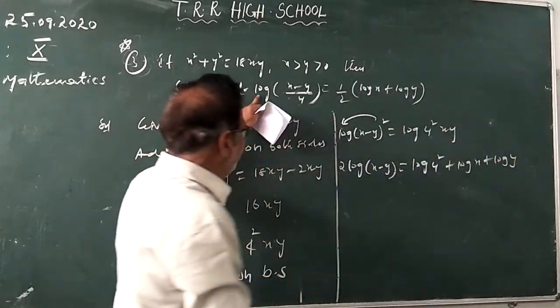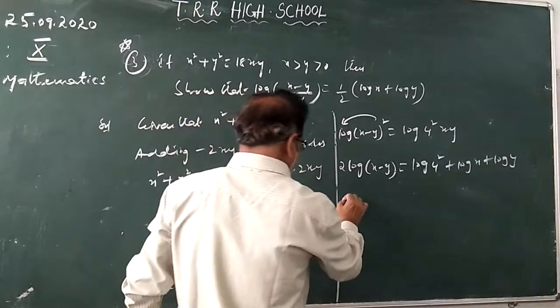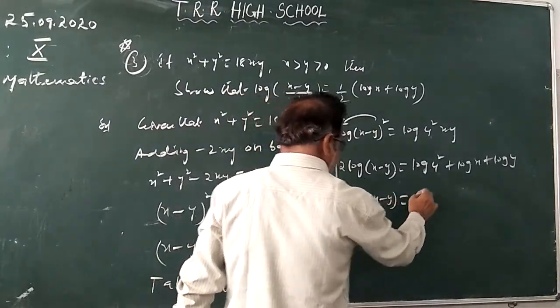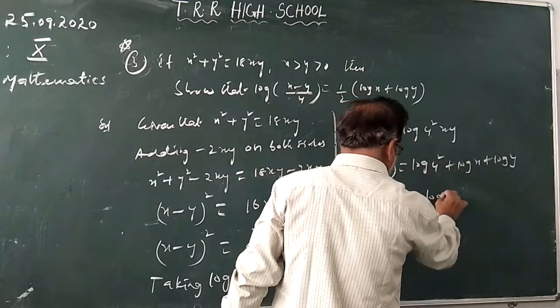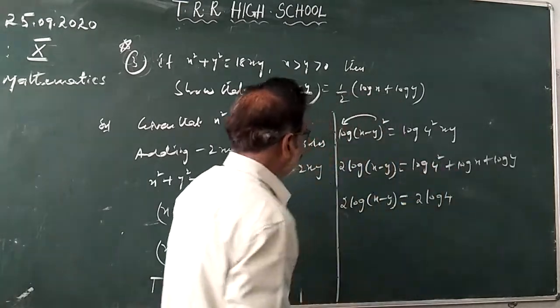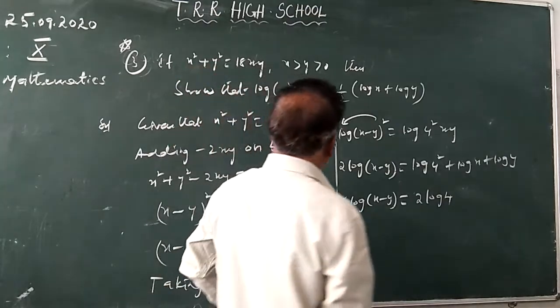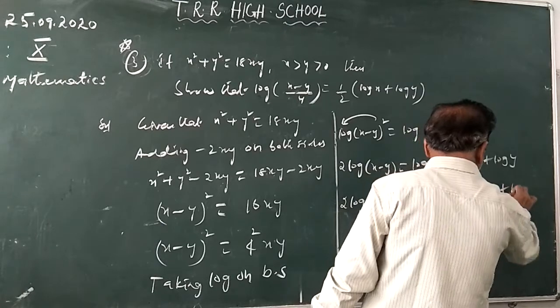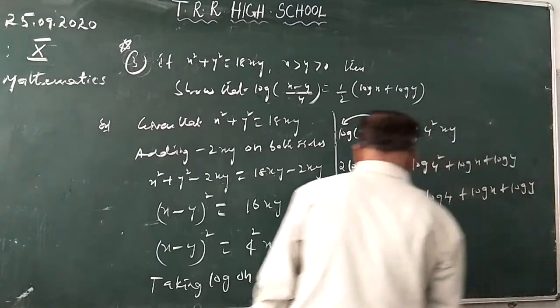What is to be proved? We have to prove this. So 2 log of (x minus y) is equal to 2 log 4 plus log x plus log y.